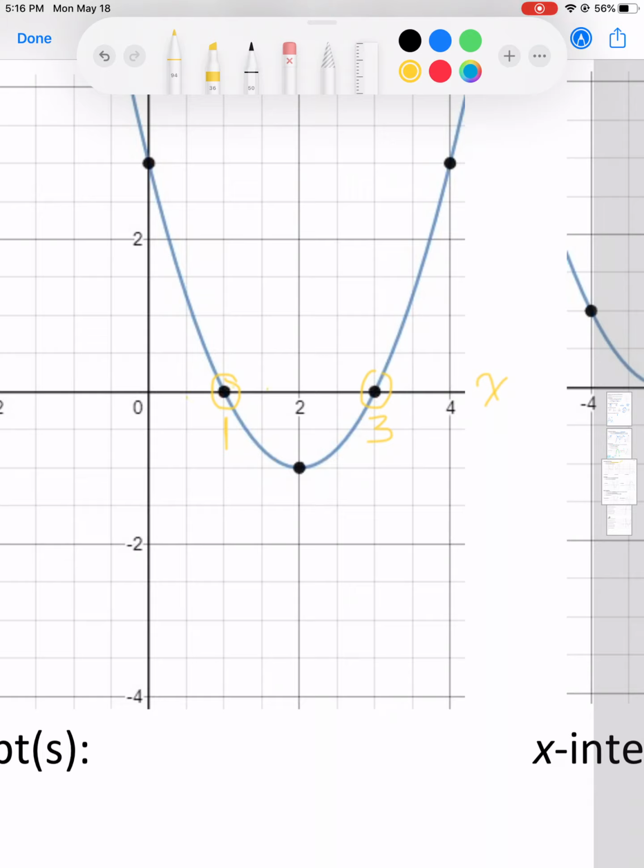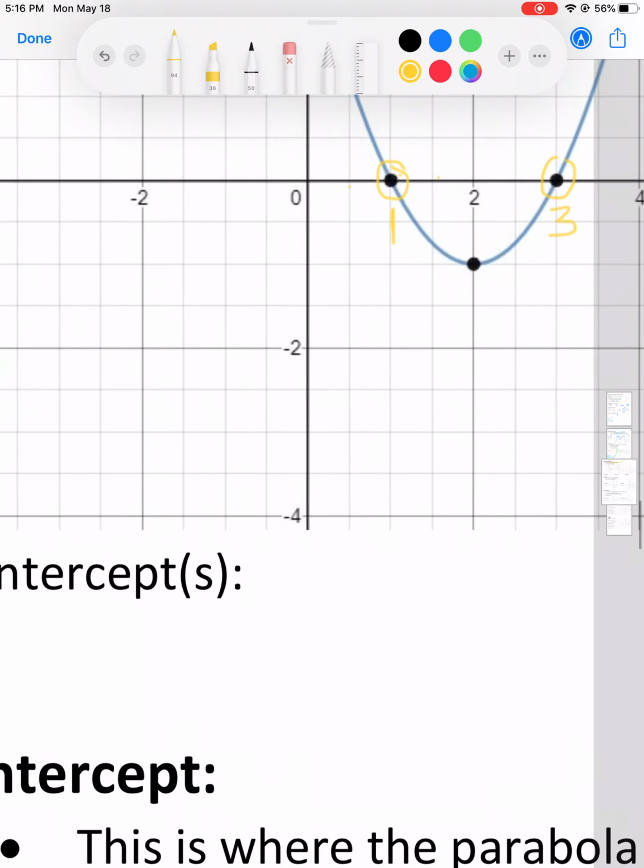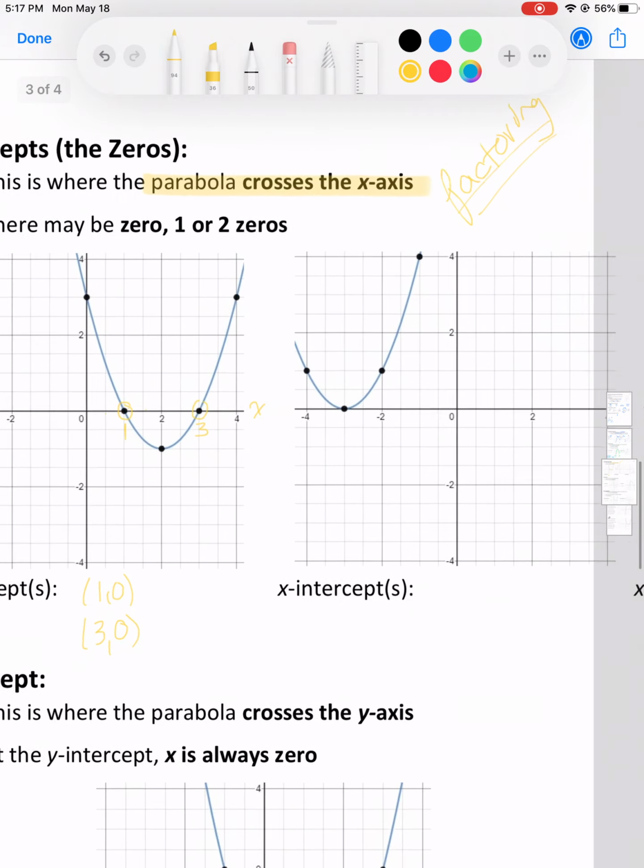You got to watch the units on those axes, guys. Okay? So, what is my x-intercept? We have 1, 0, and we have 3, 0. Remember xy, xy, xy.